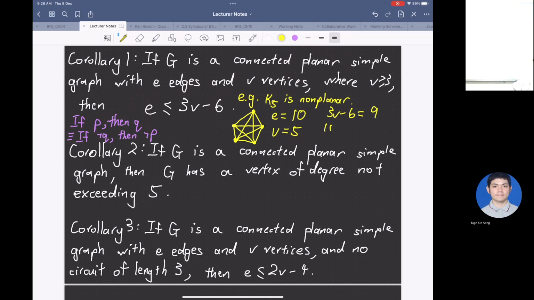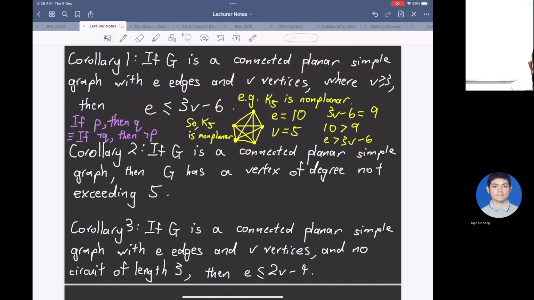Yes, but 10 is greater than 9. So E is greater than 3V minus 6. So K5 is non-planar, because it is connected, every point is connected, and it is simple because there are no multiple edges. So it must be non-planar.